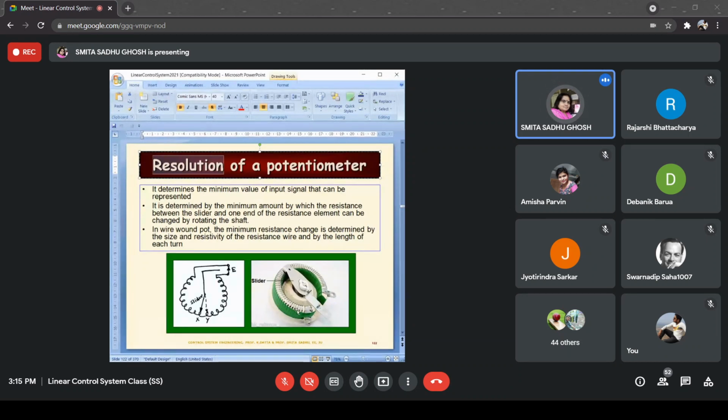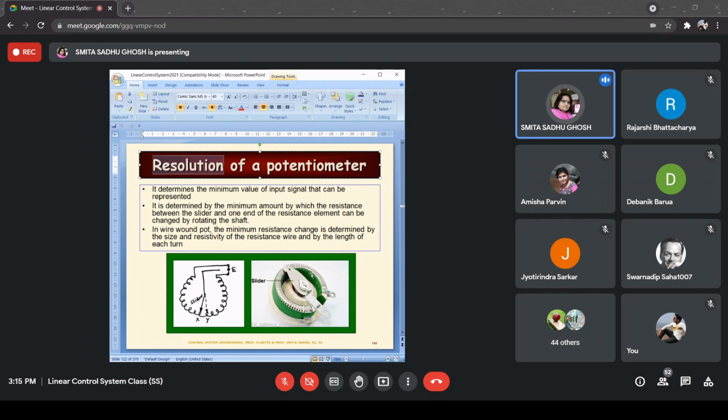The right hand side diagram indicates the same device, but here it is actually a photograph which has been taken from some website. Now here you can actually see that the coils are wound on this.